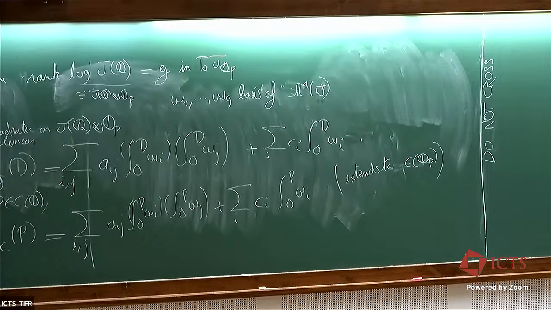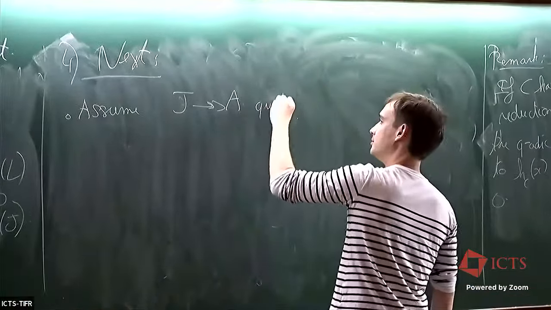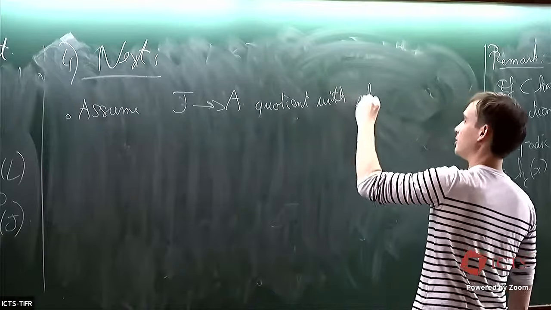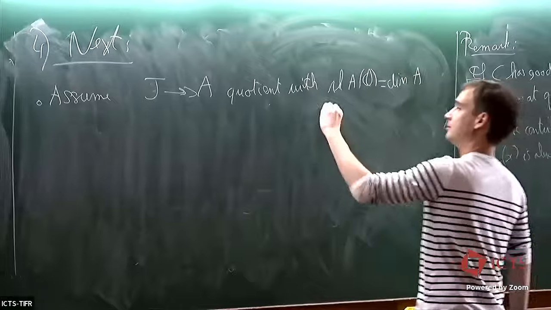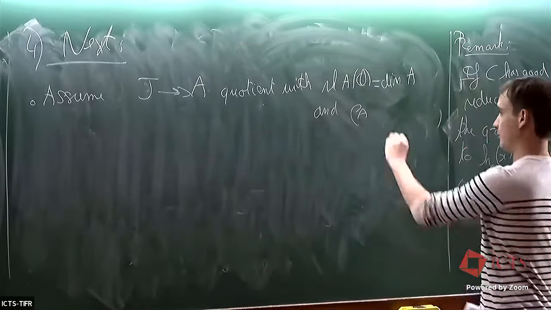All right. First, assume we have J goes to a quotient with rank equal to dimension. And rho A, so non-severity rank here, is also larger than 1.